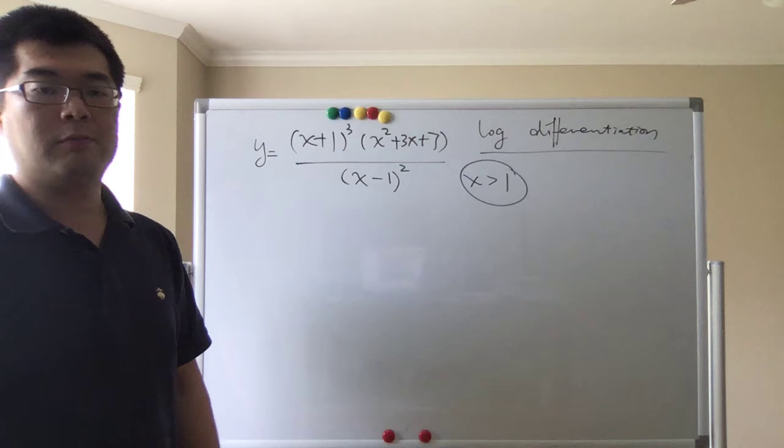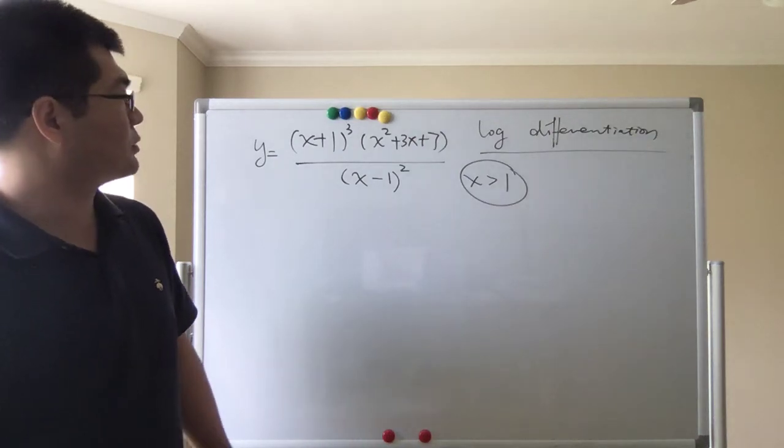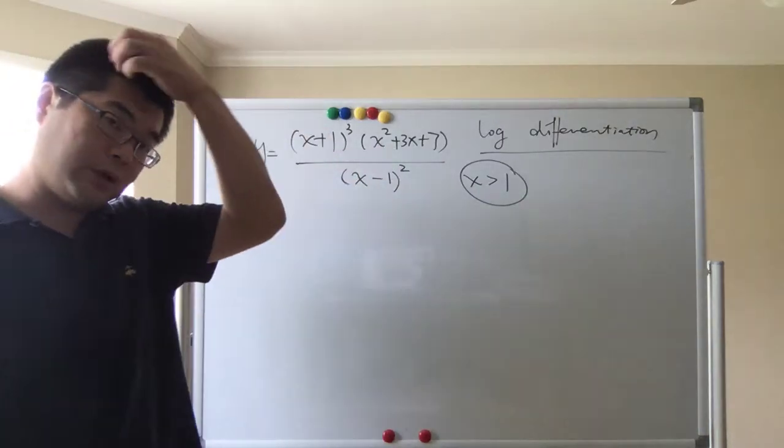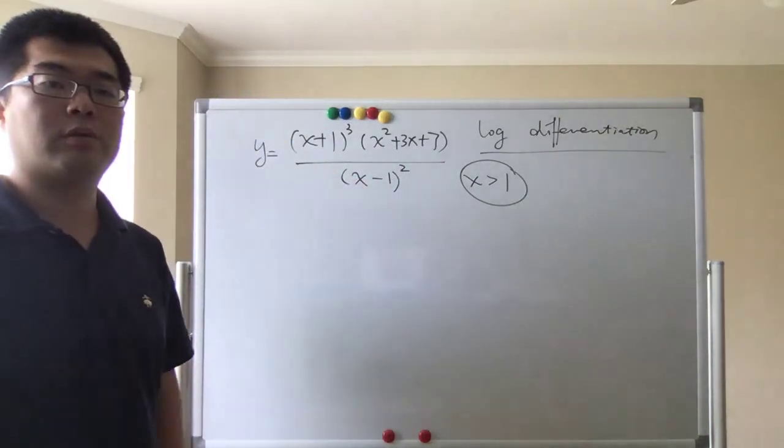Why I set x greater than 1 is I want to make sure that inside of the parentheses is all positive.